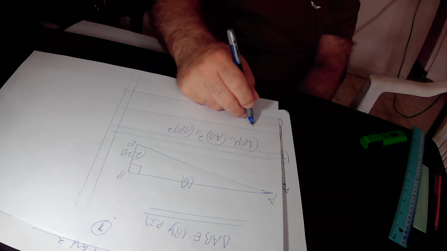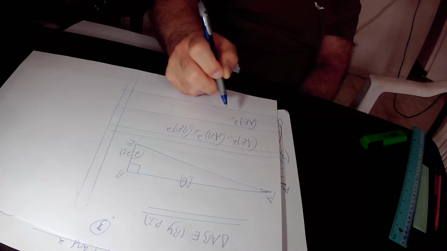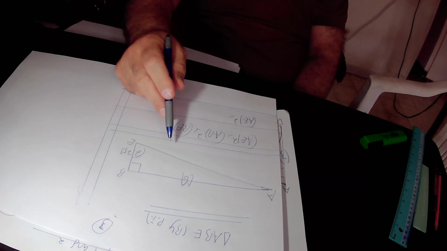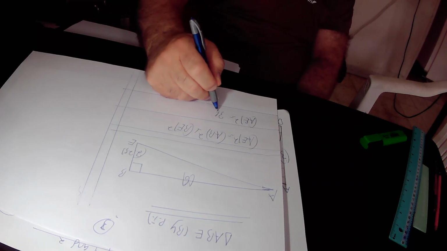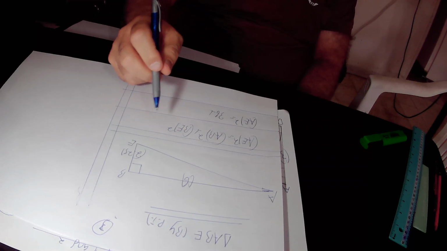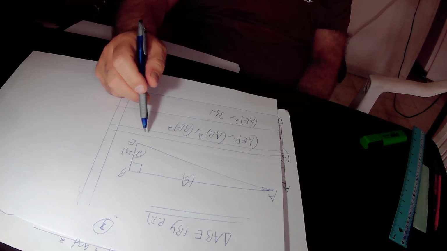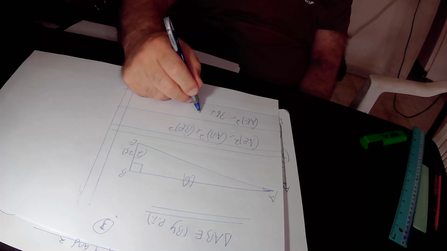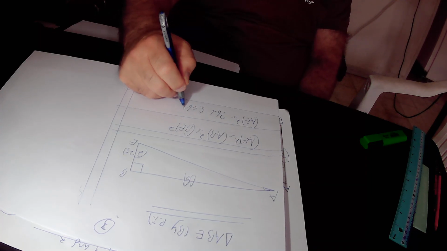And we get that AE squared equals AB squared. AB is 6, therefore AB squared is 6 squared, that is 36, plus BE squared. BE is 2.25, therefore BE squared is 2.25 squared. That's actually equal to 5.0625.